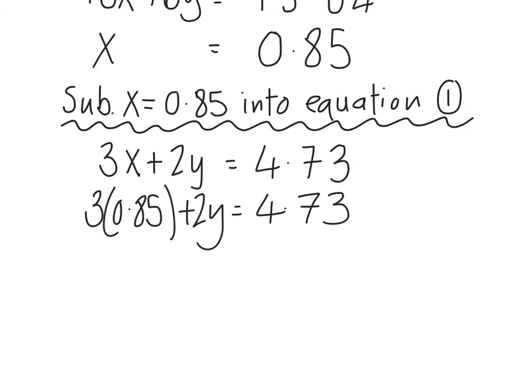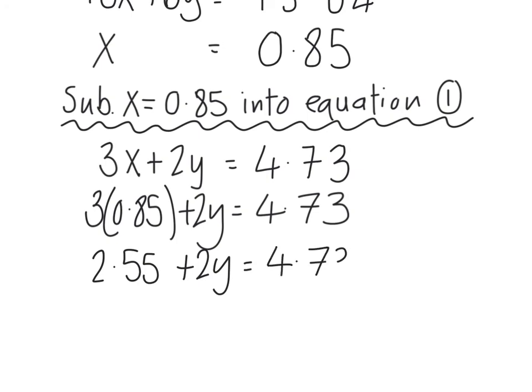3 times 0.85 is £2.55 plus 2y equals £4.73.